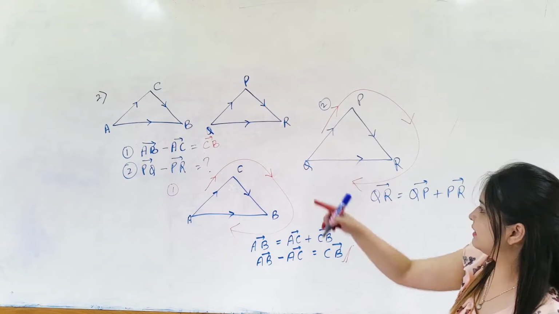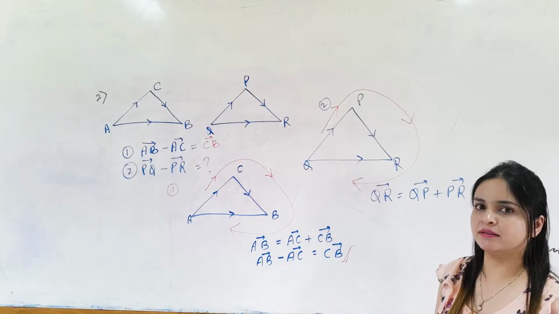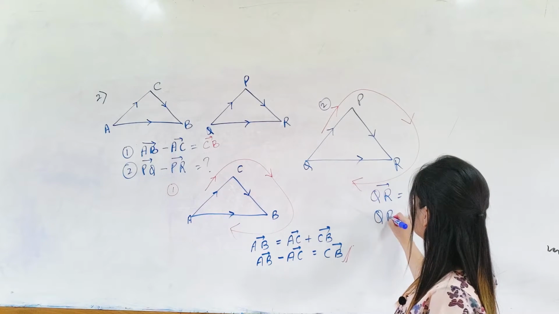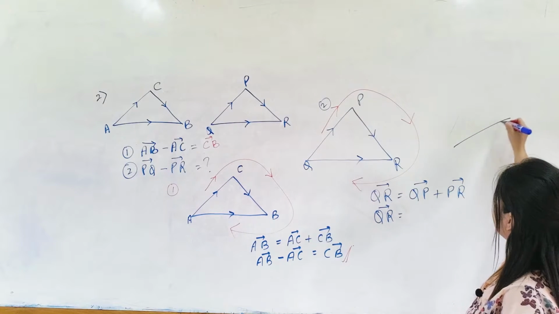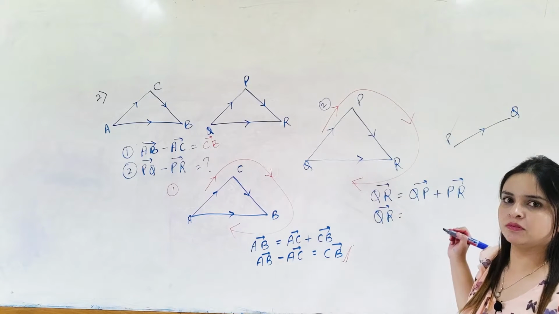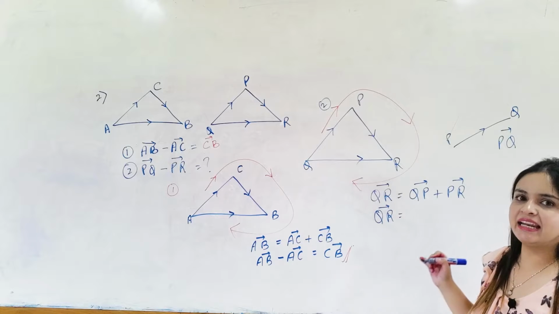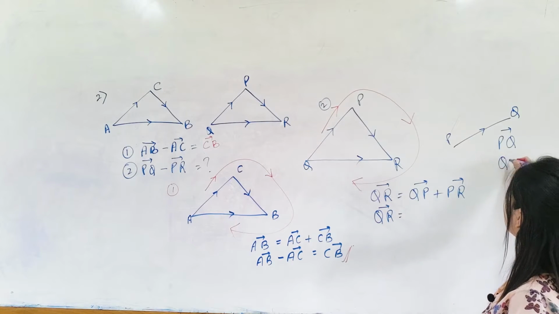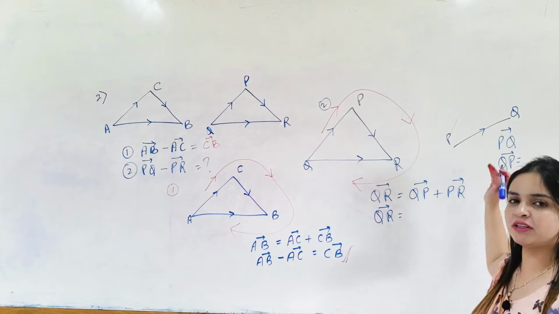Now, in the question, I have PQ minus PR, right? See, suppose this is my PQ, and I want to write what is QP equal to. See, PQ and QP both are equal.